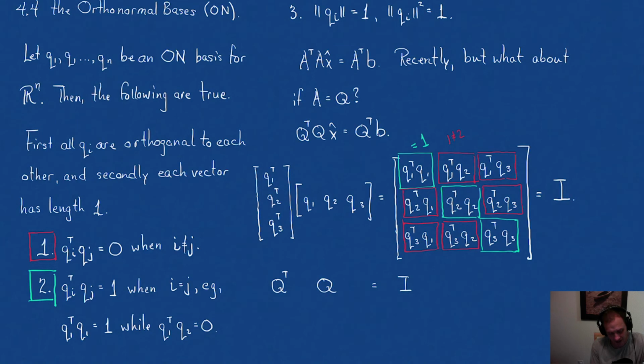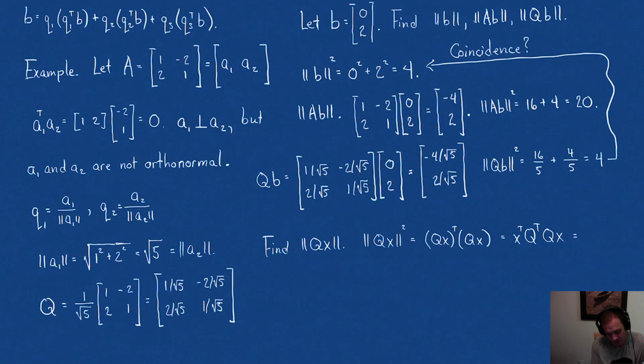So now we're ready. If we come back here, our final result just says that this is equal to x transposed I x, but this is just x transposed x. The big takeaway is then that when you have an orthonormal matrix and you multiply it by a vector, it doesn't change the length of the vector.